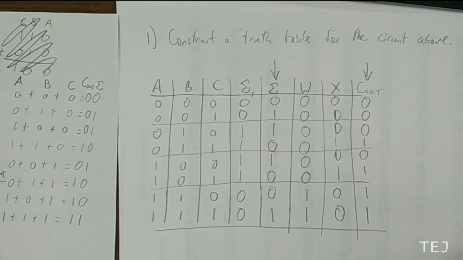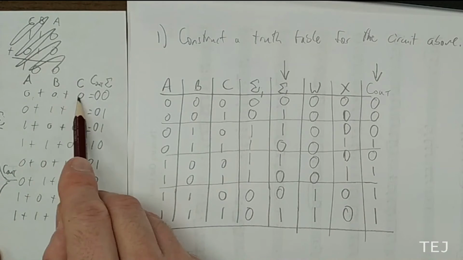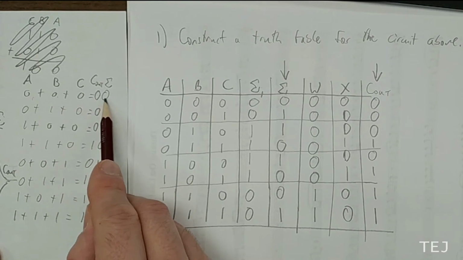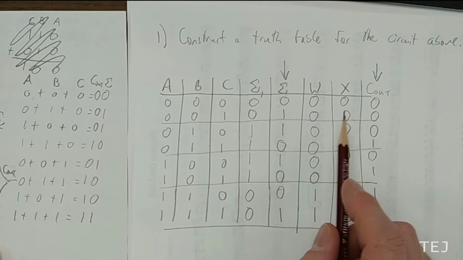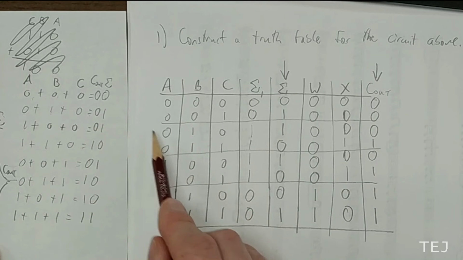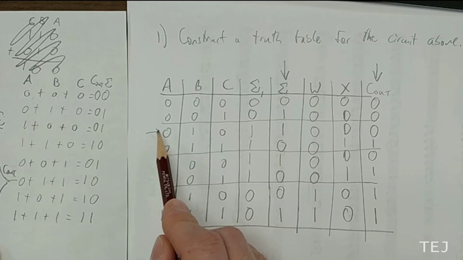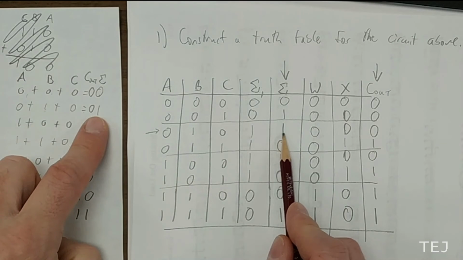So we've got A, B, and C. When A, B, and C is 0, 0, 0, the first one, we should get 0 for C out, 0 for sigma. So these two, unfortunately, they're reversed, but we can look at that. 0, 1, 0 is down here. We should be getting a 1 for sigma and a 0 for C out.